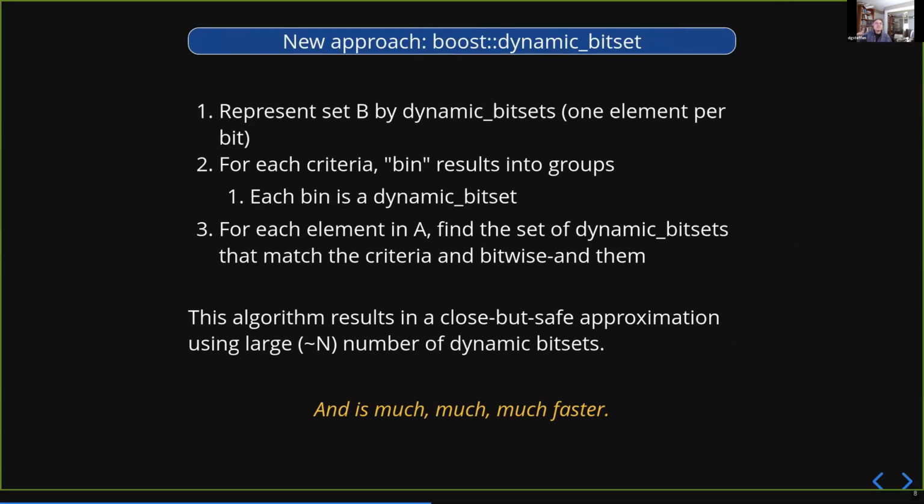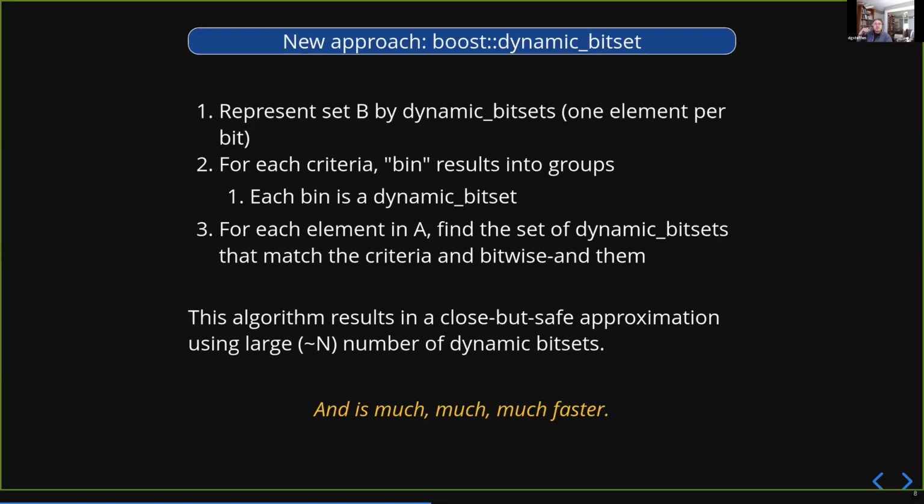But the idea is to represent everything in terms of Boost dynamic bit sets. So instead of having a standard set sorted in accordance to one of these criteria, what you would do is arrange for some number of dynamic bit sets, and then an on or off bit represents one object in B, and you arrange for your dynamic bit sets to have bits on or off that represent, say, closely grouped chunks of B or something like that.